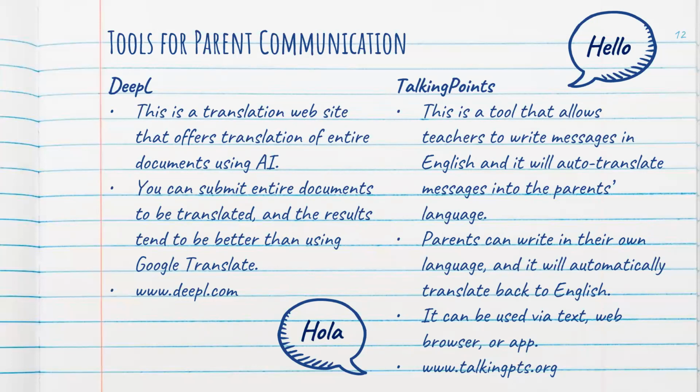And you can use it with texting on a web browser or with the app. So sometimes with parents, they have a hard time with anything that requires instructions. So the fact that it can be used with text makes it very easy for parents to use and then communicate with the teacher.